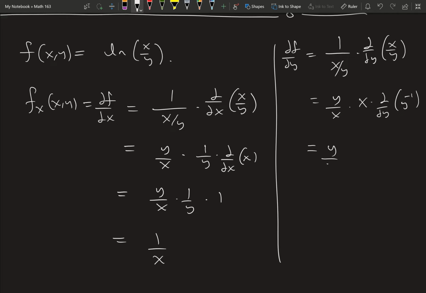So we get y over x times negative y to the minus 2. So overall, well, these x's cancel. We have negative y times 1 over y squared. We get negative 1 divided by y.